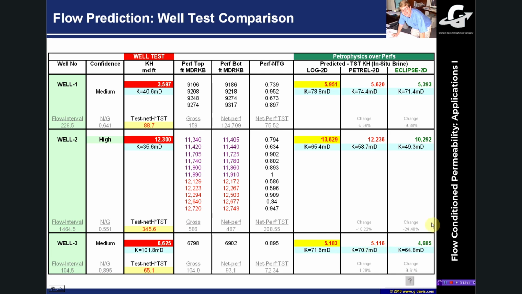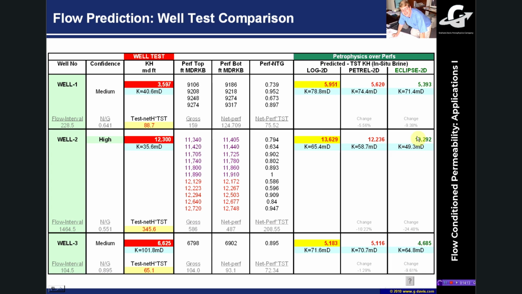But at the end of the day, by the time we give our reservoir model back to the reservoir engineers to simulate, we're looking at a comparison between well test of 3,500 to 5,500, 12,300 to 10,300, 6,600 to 4,600. So that's a little bit different there, and indeed we're losing a bit of permeability in well 2. But anyway, we resolve these issues with our reservoir engineers.